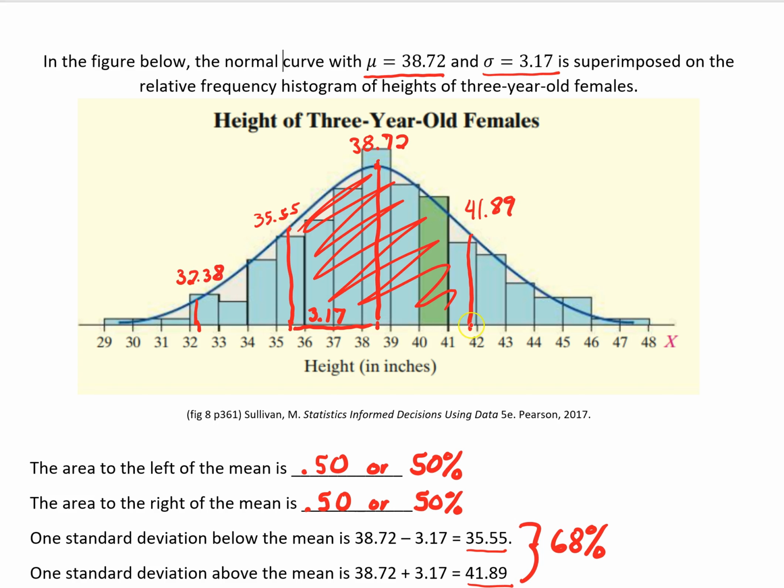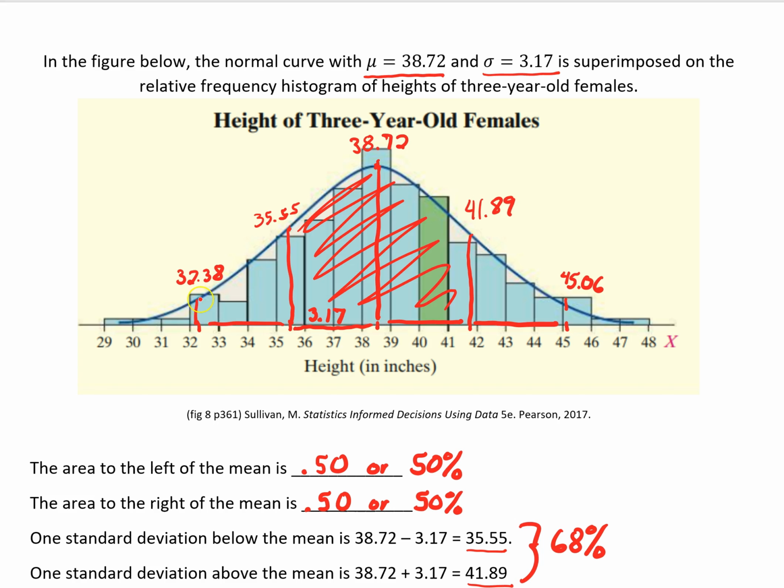If I go to the right-hand side of the mean, where I had added the standard deviation, and add another standard deviation, I end up at 45.06. So far I have subtracted and added 2 standard deviations to the mean.